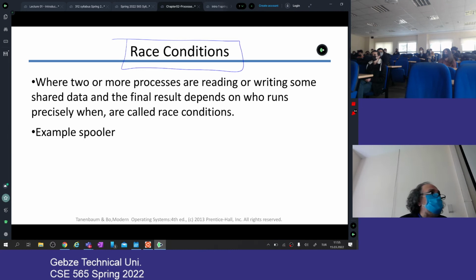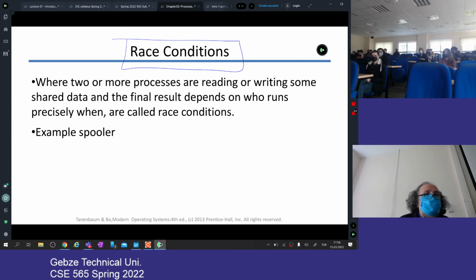Race condition is a bad thing. The definition is this: if you have more than one process or thread sharing some data, and the final result of these processes or threads depends on who accessed it at what time.